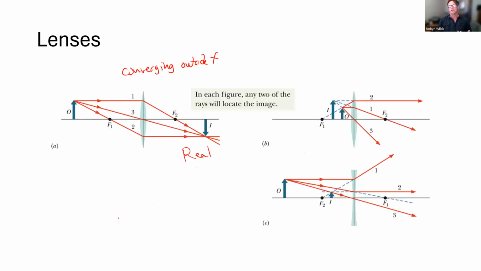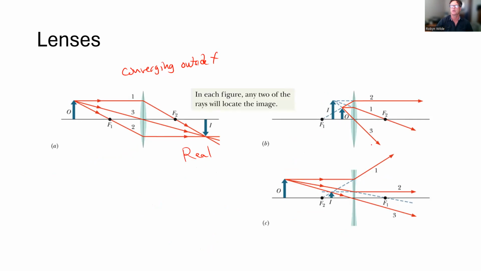So what if we bring the object inside the focal point for the converging lens? Well, we should expect, similar to the converging mirror, to get a virtual image. And this is what happens in image B here. The parallel ray, right? So if my object is right here now, my parallel ray goes through the focal point.